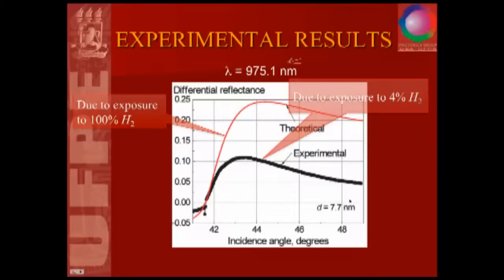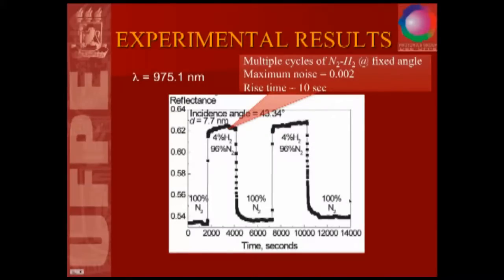We have also made a study to see what successive recycling and switching of the hydrogen and nitrogen gases cause on the reflected signal at a fixed wavelength, at the angle that gives the maximum reflectance change, right here, 43.34, for this particular wavelength and thickness.